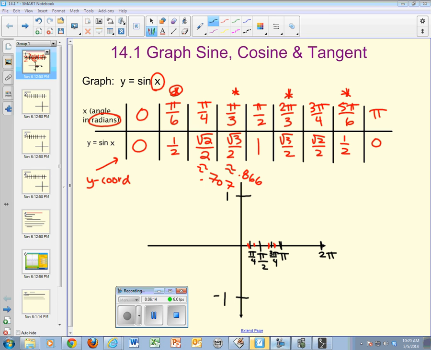And we could maybe put in a few tick marks in between. I'm going to call that 1/2. And that would be 1/4 and 3/4.